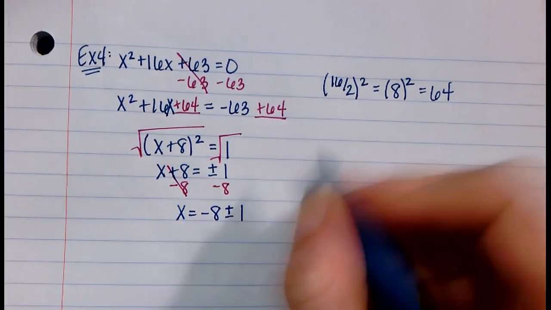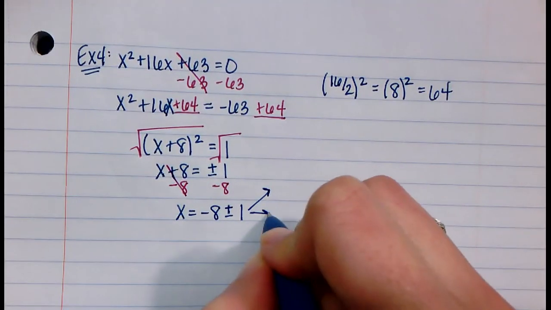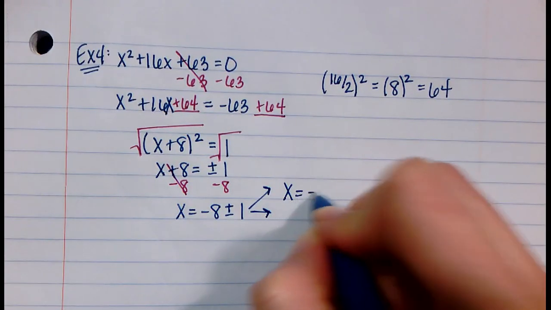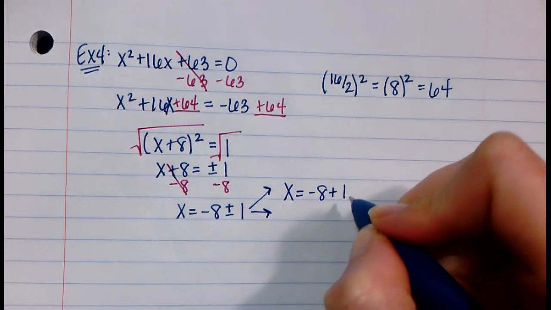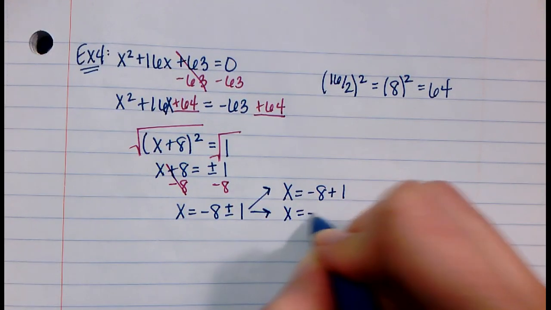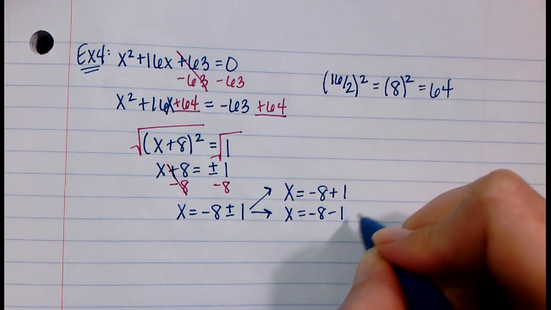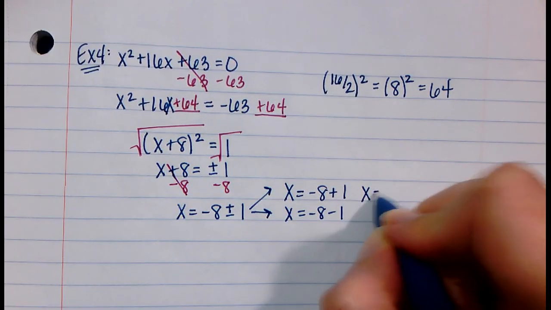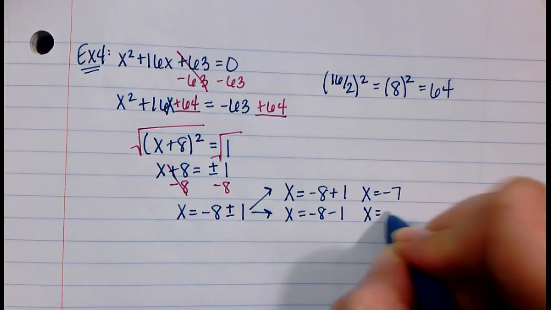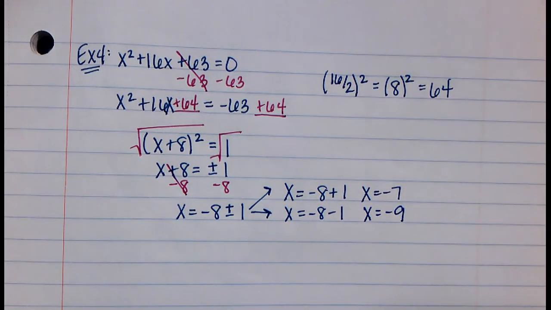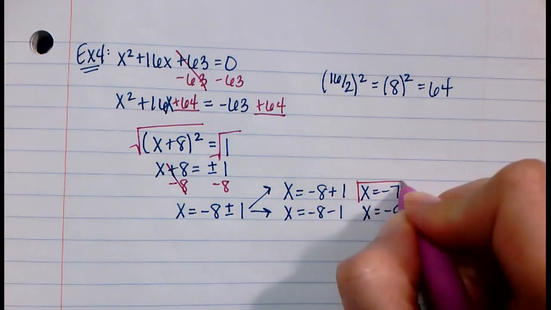Split it up. x equals negative 8 plus 1, and x equals negative 8 minus 1. So x equals negative 7, and x equals negative 9. And those are my two x-intercepts for this quadratic.